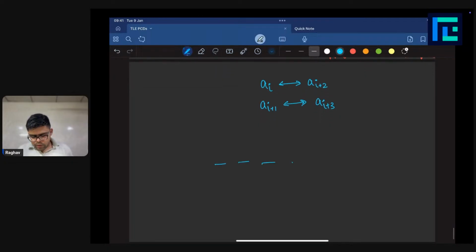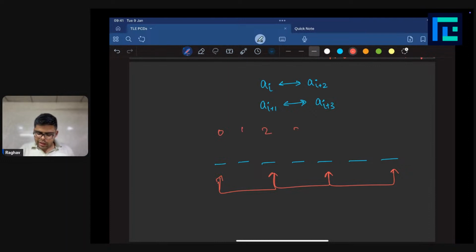So if in an array, let's say these are all the even indices, these people are having the index even, and these people are having the index odd.